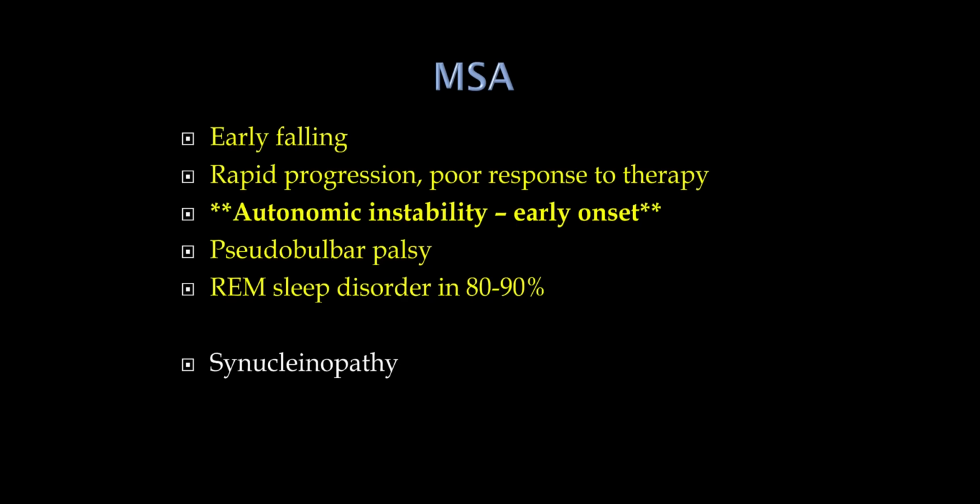So again, early falling like PSP, they get worse, they don't respond to medications, and there is significant autonomic instability. Like PSP, these patients also have pseudobulbar palsy, and this is a synucleinopathy, like Parkinson's disease. And with any synucleinopathy, we get REM sleep behavior disorder, so acting out dreams, that kind of thing.